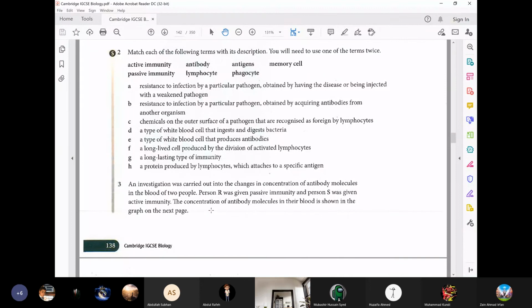Next question. An investigation was carried out into the changes in concentration of antibody molecules in the blood of two people. Person R was given passive immunity and person S was given active immunity. The concentration of antibody molecules in the blood is shown in the graph.